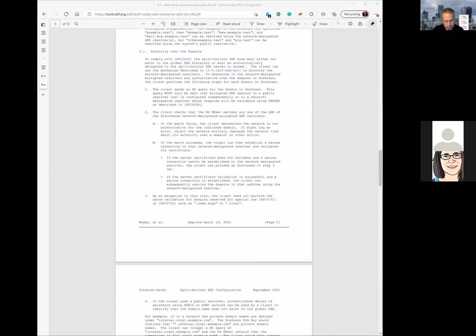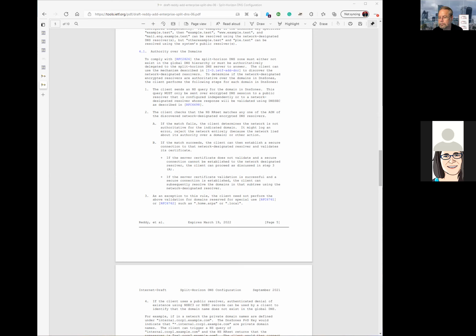It checks if those name servers match the network designated encrypted resolvers that the network is publishing. And if there is a match, it means that the network is indeed authoritative for those domains. And then it establishes, very similar to what's happening with other drafts in the ADD working group, a secure connection, validates a TLS certificate, and then queries those domains using the network designated resolver.